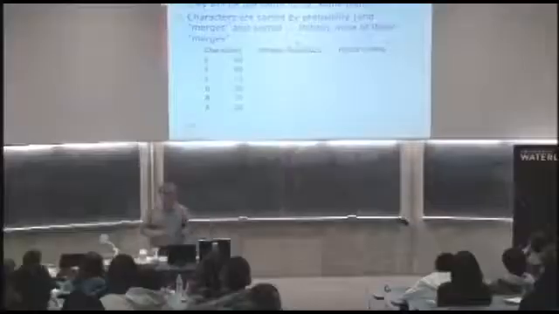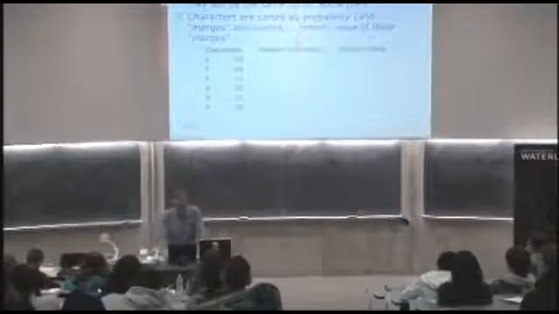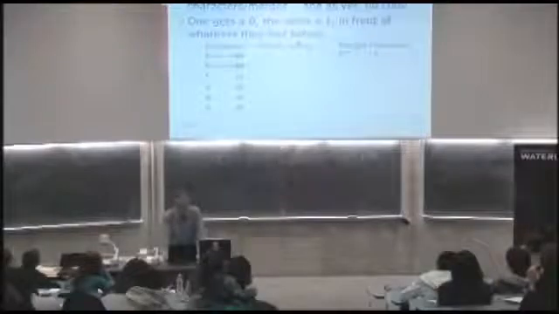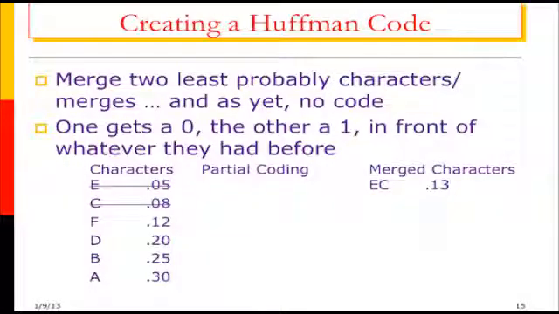So the algorithm for doing this is something I can explain in words pretty well, or maybe I can explain it in pictures. We'll start with that data, that information. And what we'll do is take the 2 least frequently occurring characters. I've initially put these in sorted order with the least frequent ones on top.